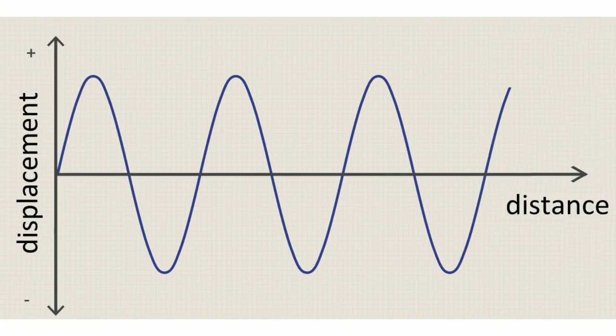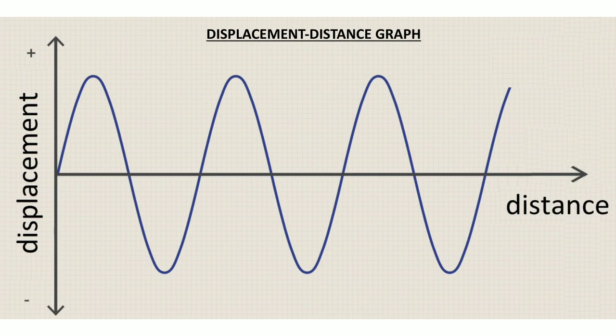Next we have a displacement distance graph. This graph shows at an instant how a sound wave is produced. Here again the amplitude A shows how much the displacement has been done by the particle of that medium, and this is the wavelength, that is the distance moved by the wave in its time period.